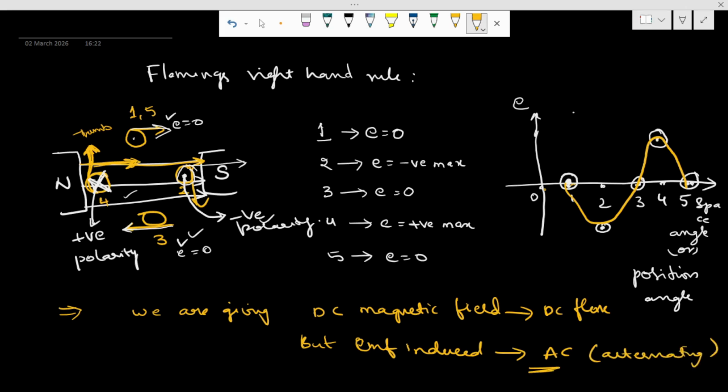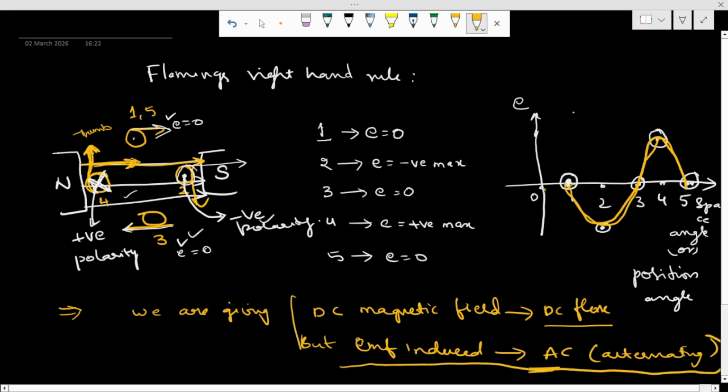The graph looks like alternating, but in the dynamically induced EMF we give DC flux and the produced induced EMF is alternating. This is the main thing we have to observe in the dynamically induced EMF.